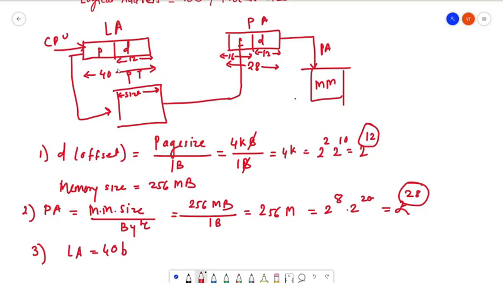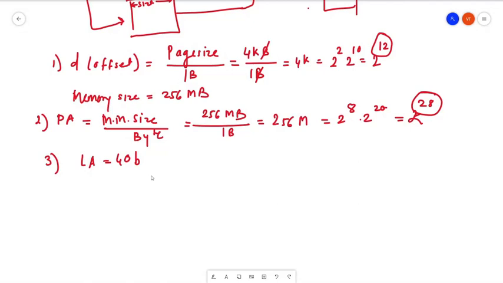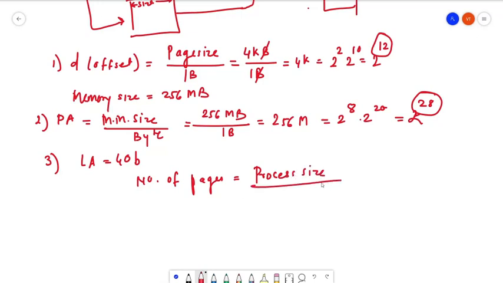So 40 minus 12 is how much? 28. So this will be 28, right? So what about the number of pages? Number of pages will be equal to process size upon page size. Process size is 4 MB, which is given, and page size is also given, 4 KB. So this will get cancelled and you will get 1K.